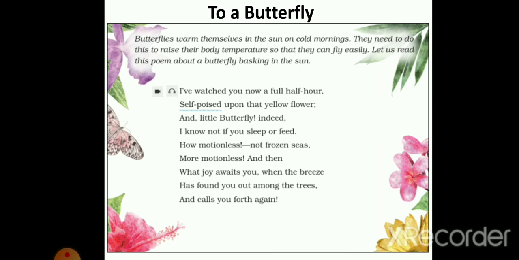Then the poet said that the unbroken stillness and the calm of the butterfly made the poet wonder if it ever moved to eat or sleep. Then the poet imagines the joy the little creature must feel every time the breeze finds its delicate wings among the trees, calling out to the butterfly to take flight again, to fly again, and grace other corners of the world with its beautiful presence.